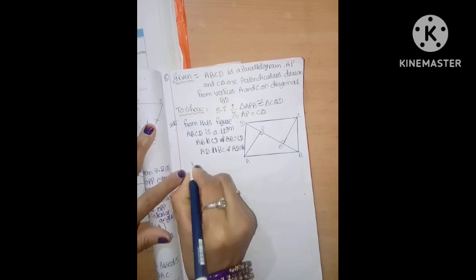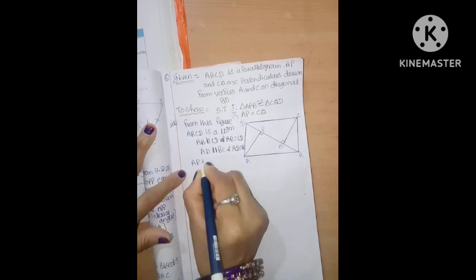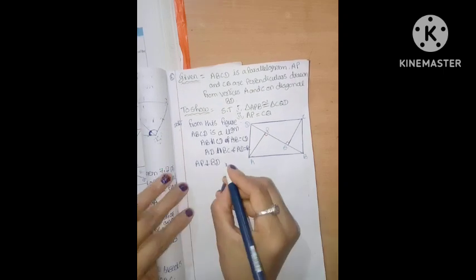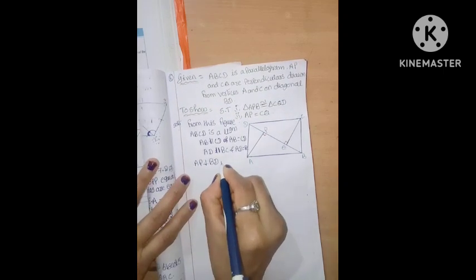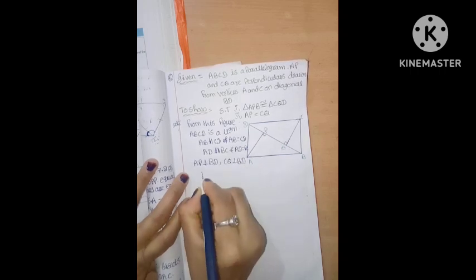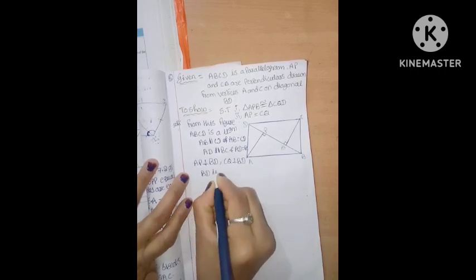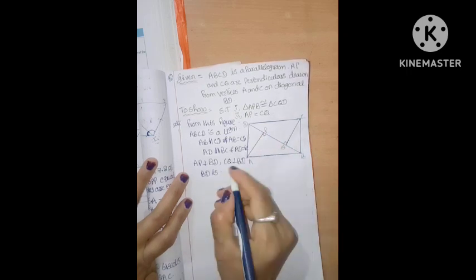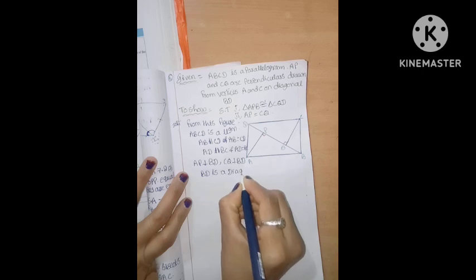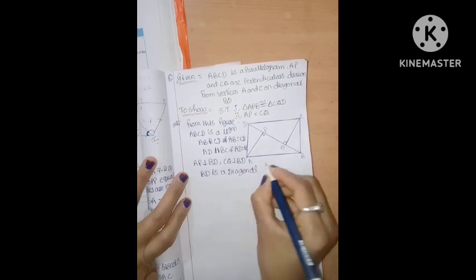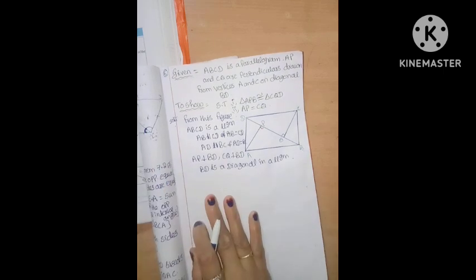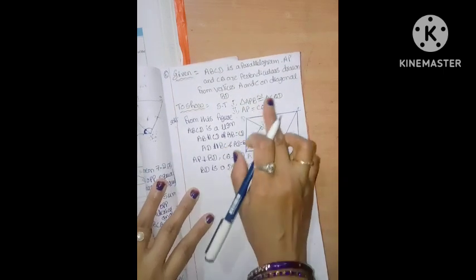So AP is perpendicular to BD, where BD is the diagonal. And CQ is perpendicular to BD. BD is one diagonal in the parallelogram. Okay, are you clear?